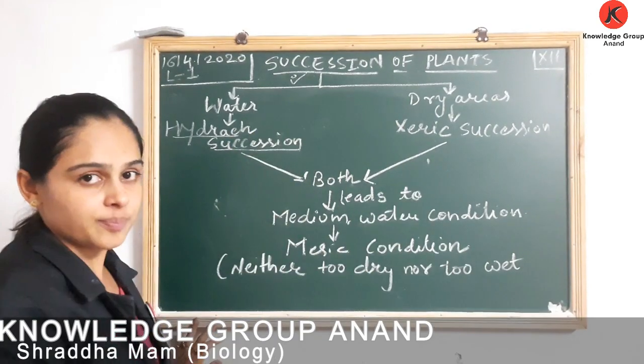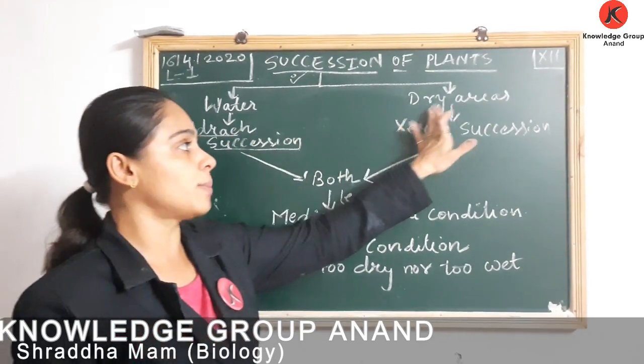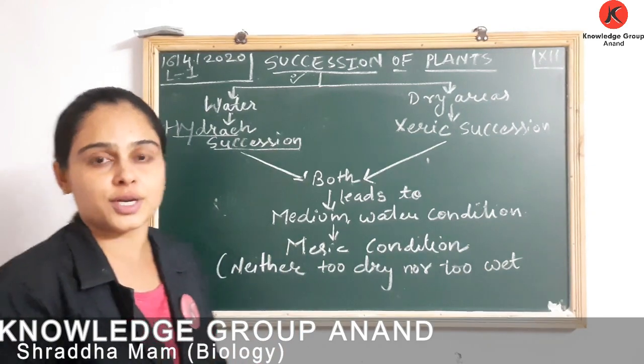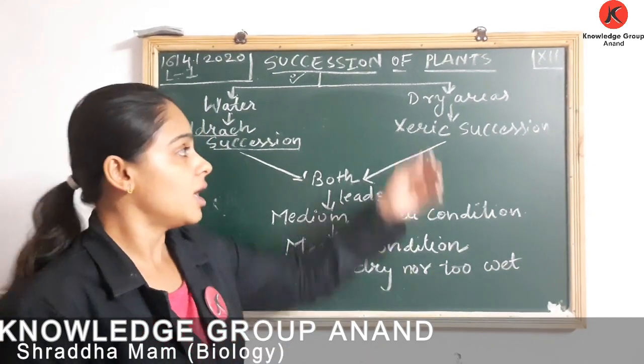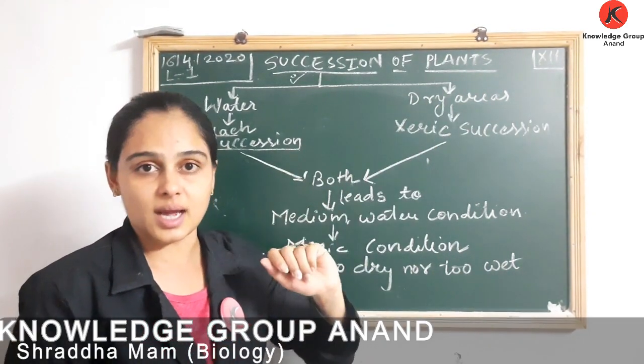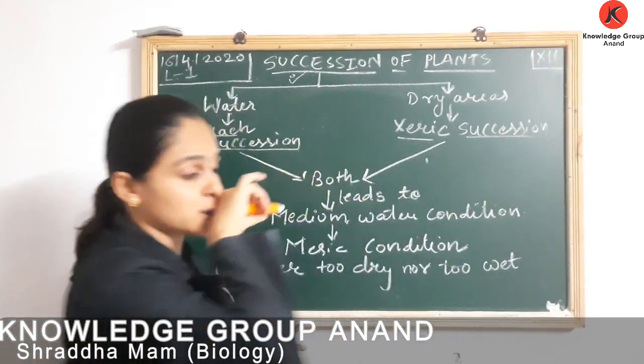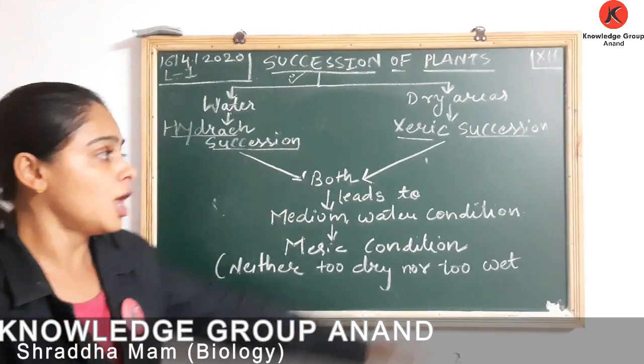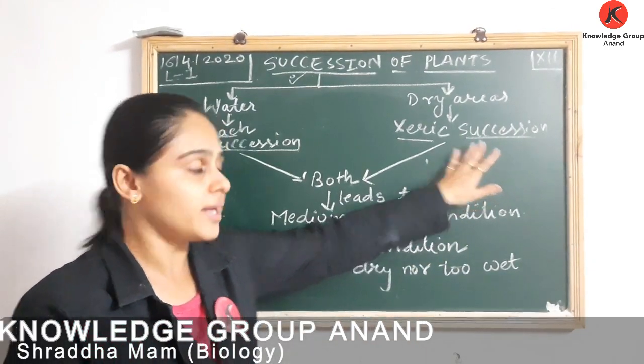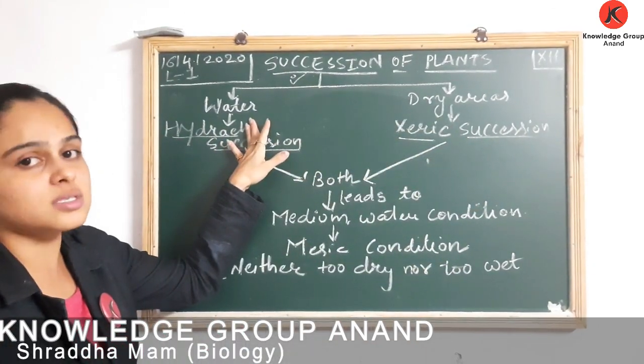On the other hand, if succession starts from a dry area, for example it can be rocks, such type of succession is called xeric succession. So here the condition is dry and here the condition is wet.